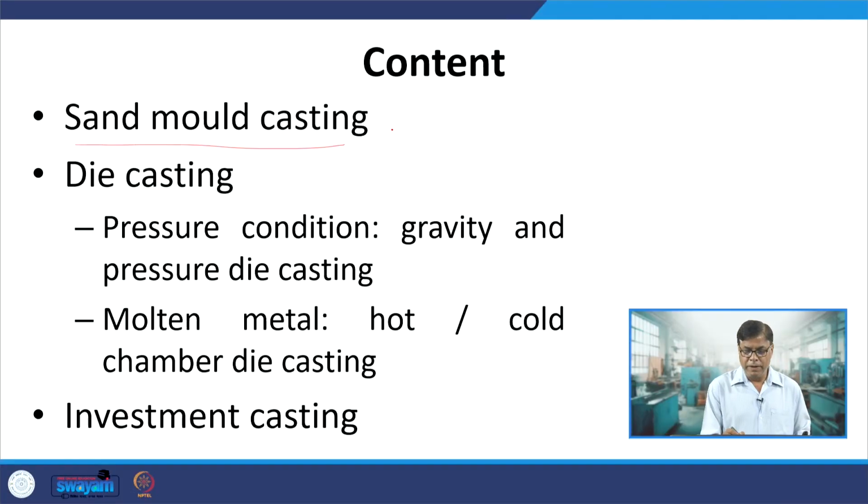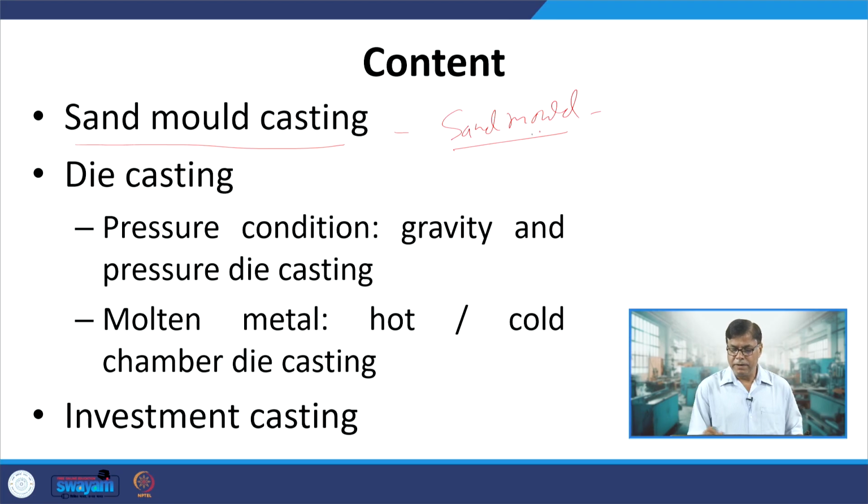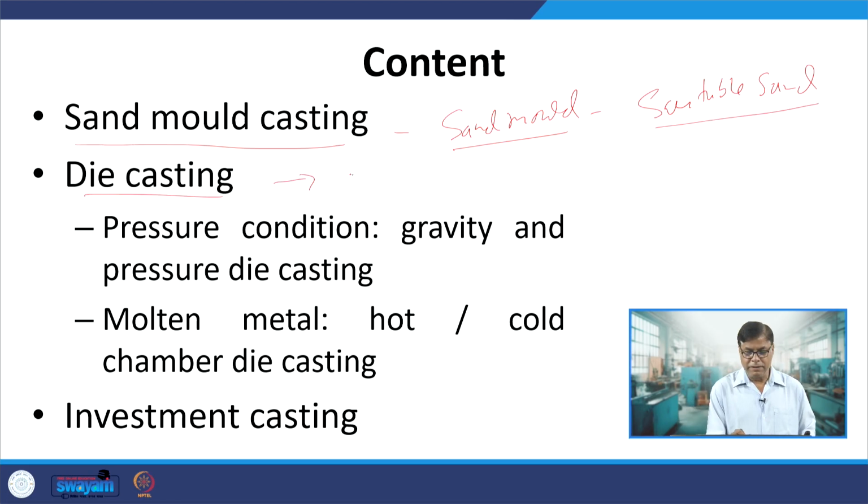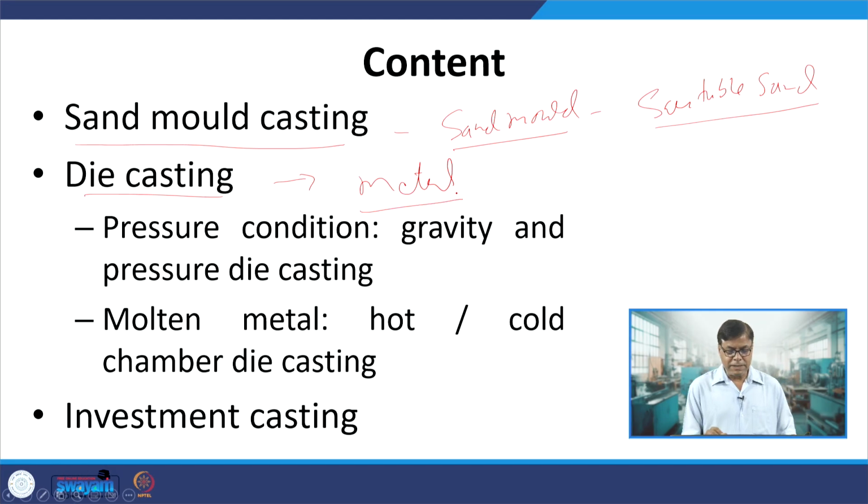As far as content is concerned, we will be talking about sand mold casting, where the sand mold is prepared using suitable sand. Then in die casting, the mold is made of a metallic die, so it is termed die casting.